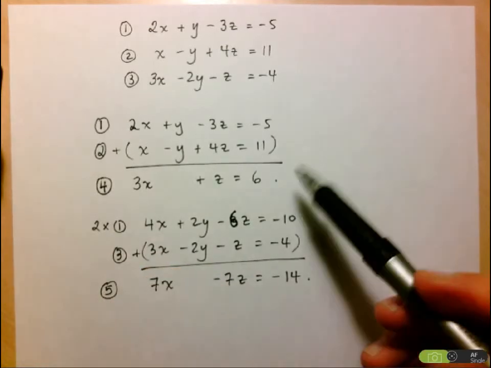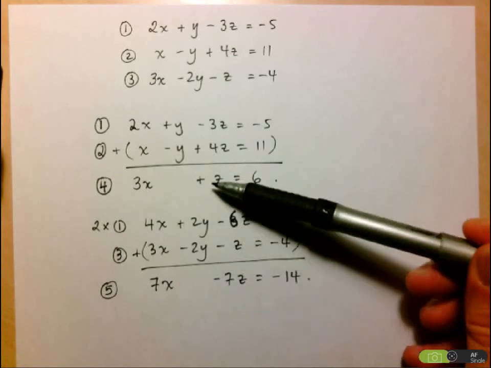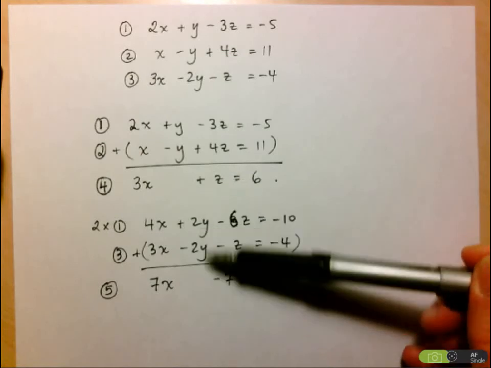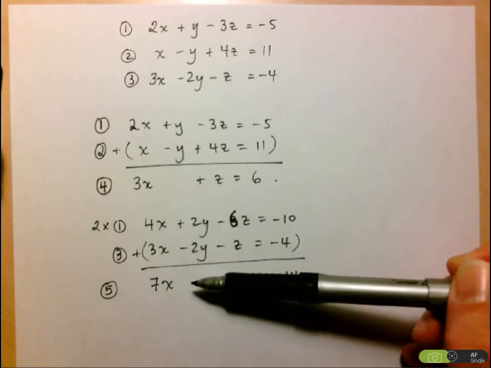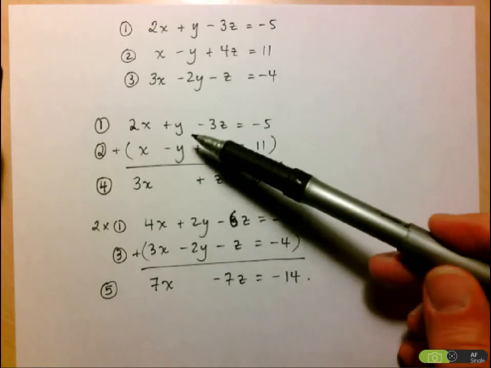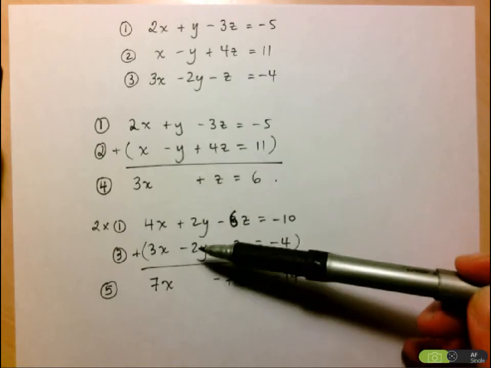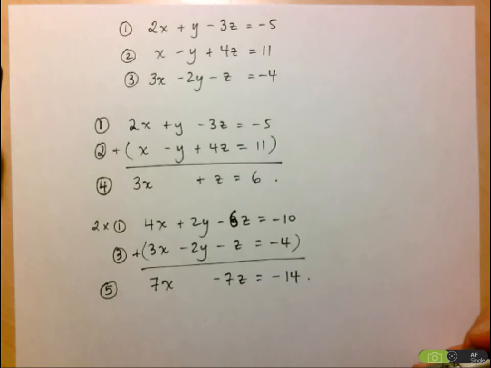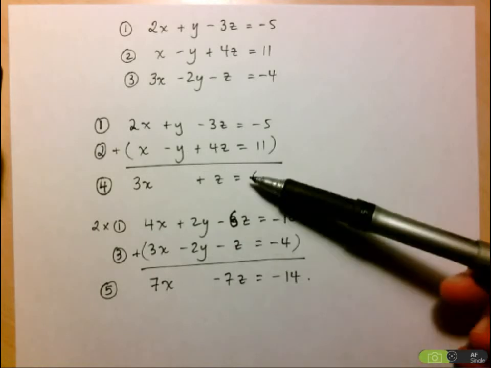But now I see that what I've created is a new system of two equations in two unknowns, x and z. So that's why it was important that if we eliminated y in the first instance, we had to also eliminate y in the second, so that I ended up with two equations and two unknowns.